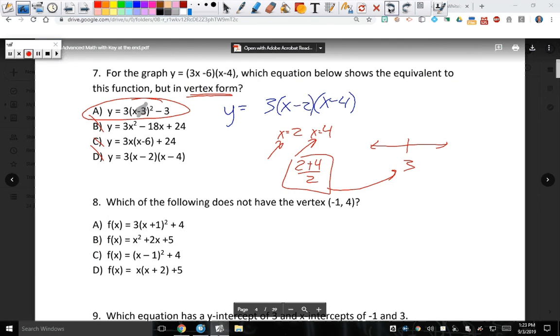It said which one does it not have? Oh, I'm sorry. Which one does not? Nice catch. Does not have -1,4. So we know that this one does. This one has a positive, so it's going to be C. This one has positive 1,4. Question.